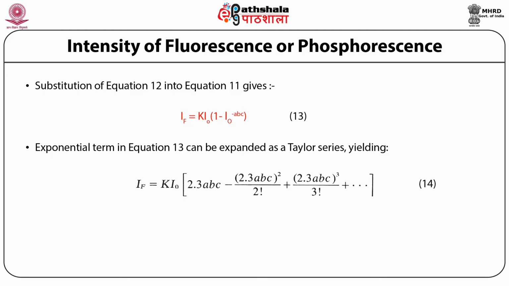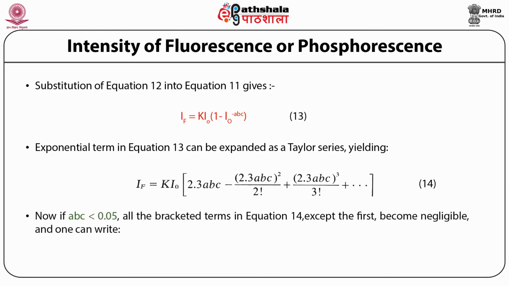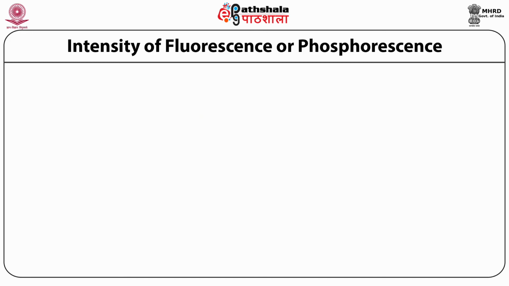From equation 14, it is clear that if ABC is less than 0.05, all the bracketed terms except the first become negligible, and one can write IF = K' I0 ABC, that is the intensity of luminescence.